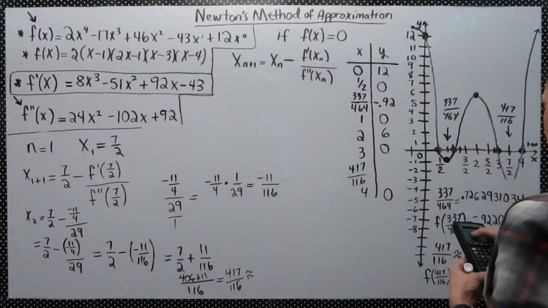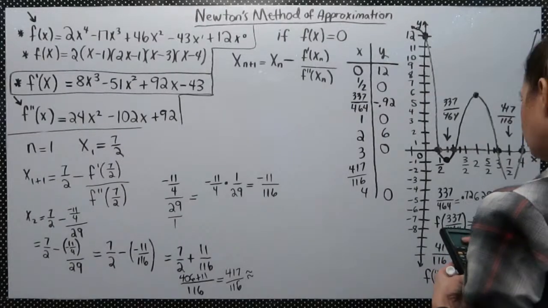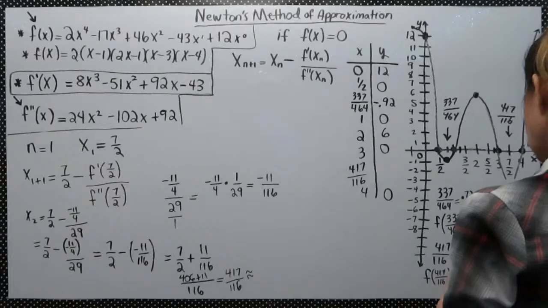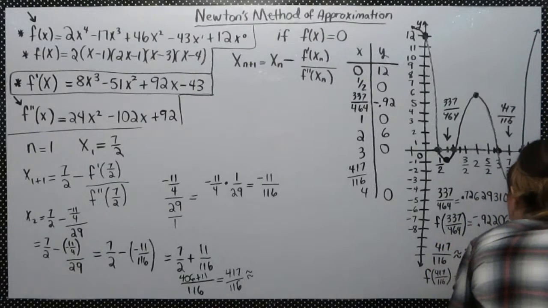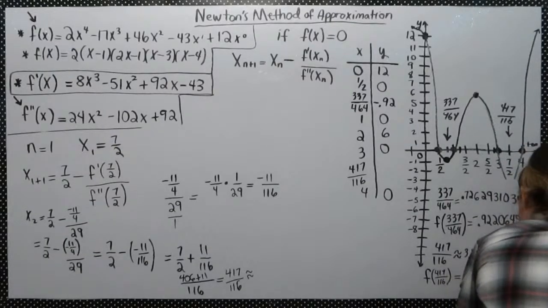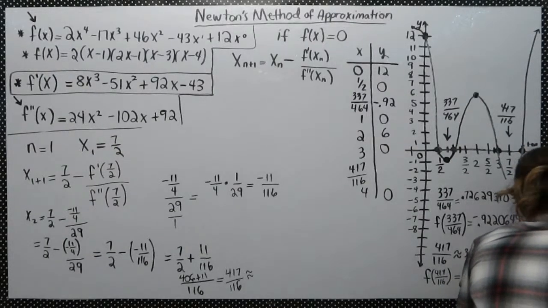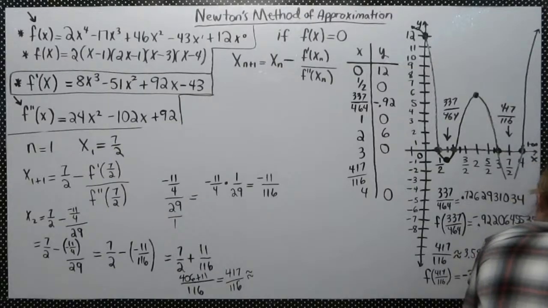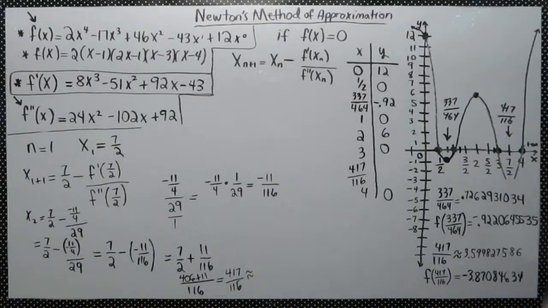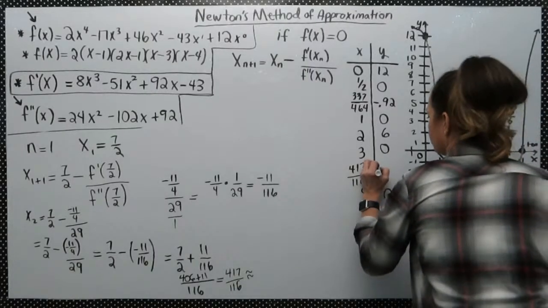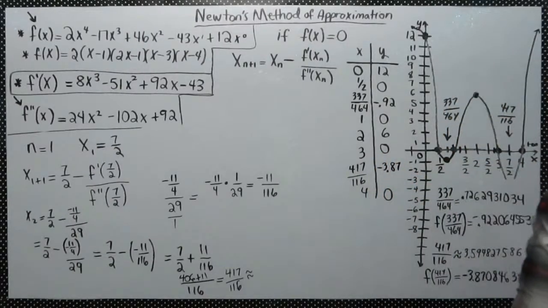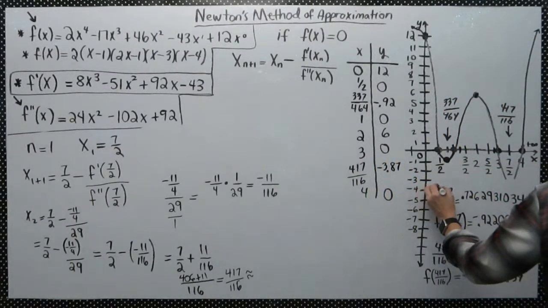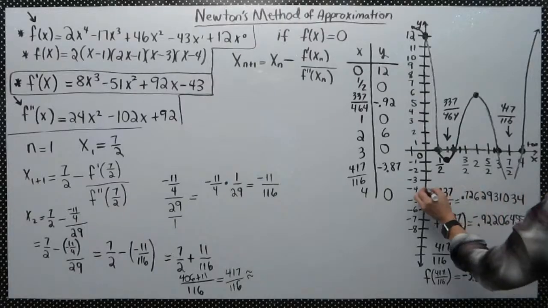It's telling me at approximately negative 3.8708464. So we'll say negative 3.87. So right in here somewhere. Oh, I was so close.